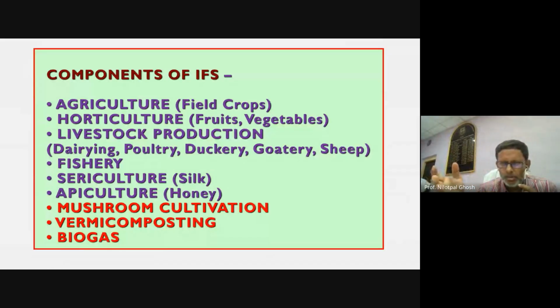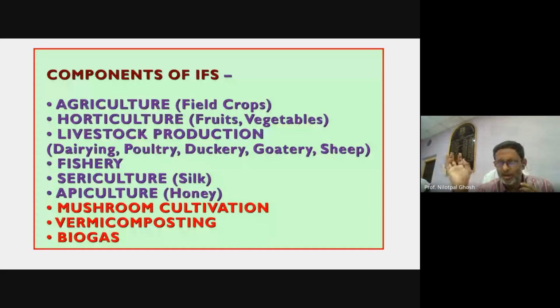Many of you are attached with different research institutes or the SAU system, the State Agriculture University system, where either it is an agriculture university or a veterinary university or even horticulture universities are coming up in our country. So each component is a specialized area. Now we are thinking how these components can be integrated for a better result in terms of production as well as in terms of maintenance of our environment.